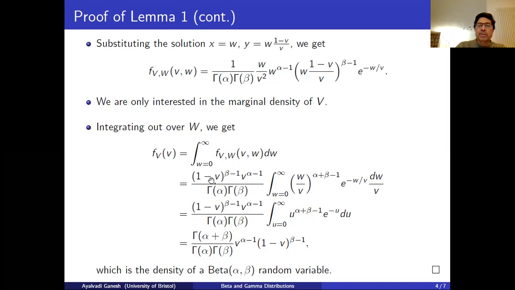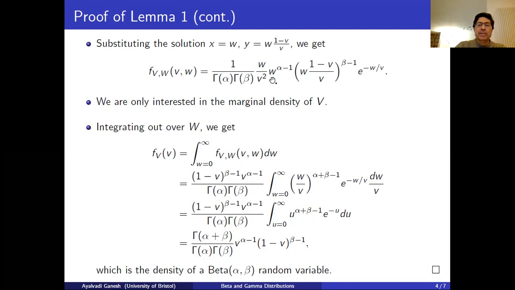I'm pulling out, what do I want to do? We get e raised to minus W over V. So I'm going to express everything here as W over V as much as possible. So I get W over V here. I have just a W to the alpha minus 1.